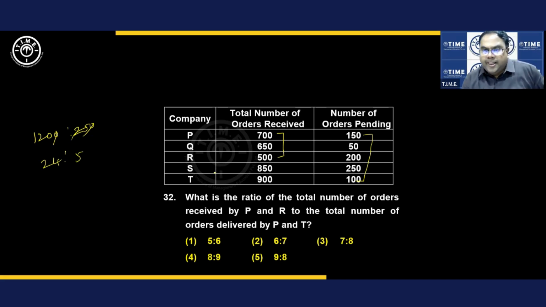One second. Total number of orders received by P and R is 1200. Total number of orders delivered by P and T, 150 plus 100, 250. 5 5s, 5 24s. So it has to be 24:5.